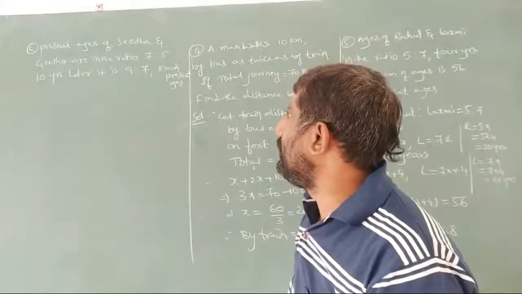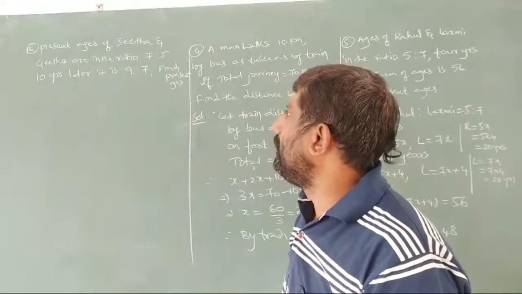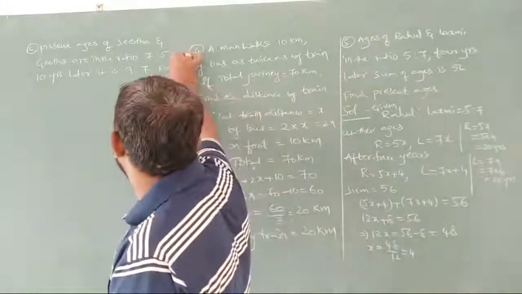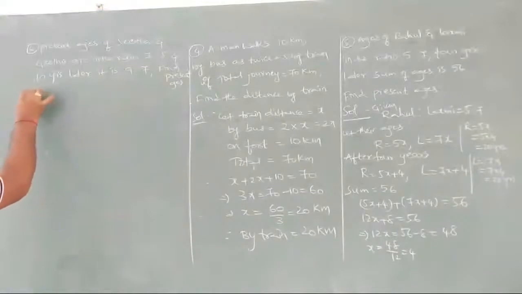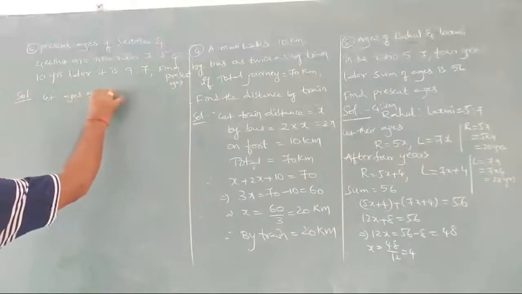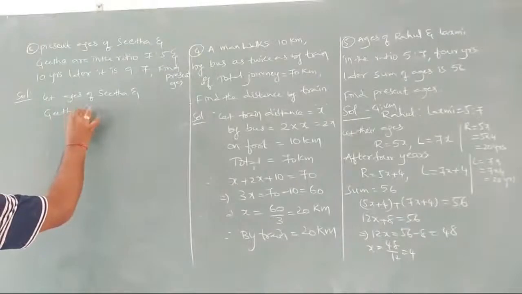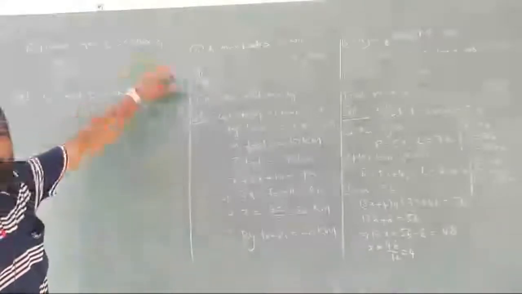Present ages of Sita and Geeta are in the ratio 7:5, and 10 years later, it is going to be 9:7. Find their present ages. Let the ages of Sita and Geeta be 7x and 5x, because it is given 7:5.